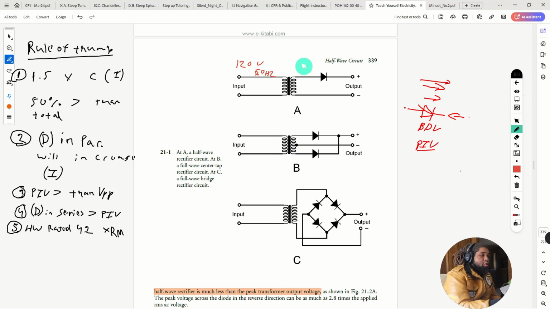It's still going to be 120 here at 60 hertz when it comes out, lower frequency. Here you're going to have 120, 60 hertz, but then you'll have your 120, and then you'll have 60 hertz here, and you'll have 60 hertz here.